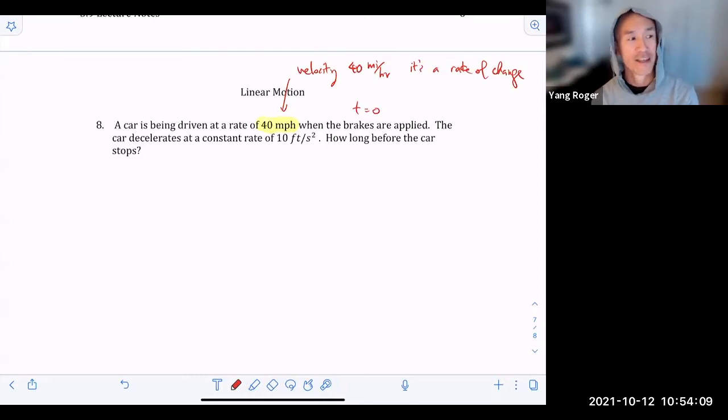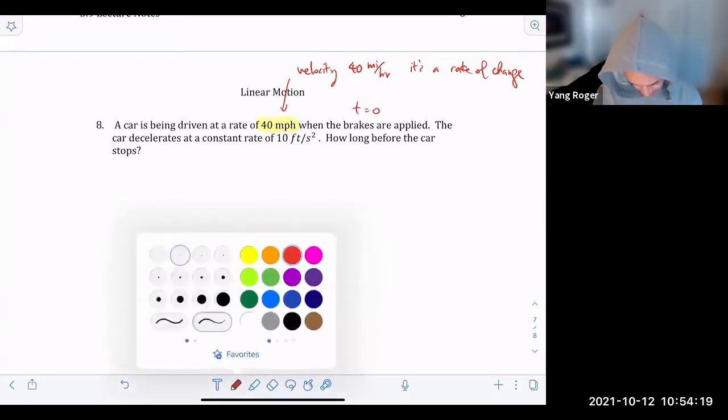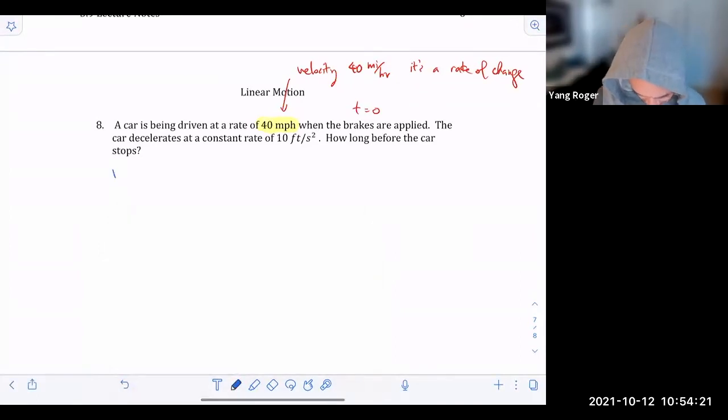I want something equal to 40 miles per hour. What should that something be? It's related to velocity. Great. Right, I could say that v of 0 is equal to 40 miles per hour. That is correct. Okay, so they're telling us the initial velocity.